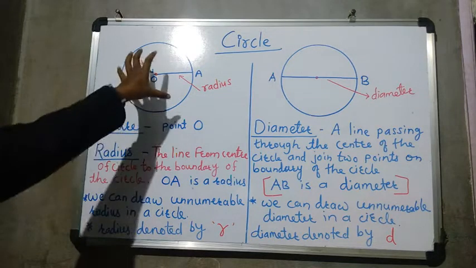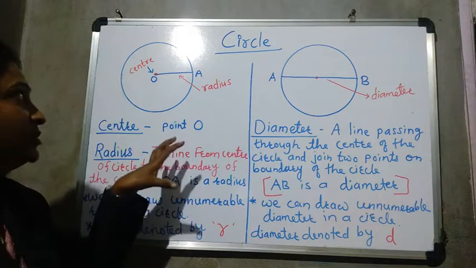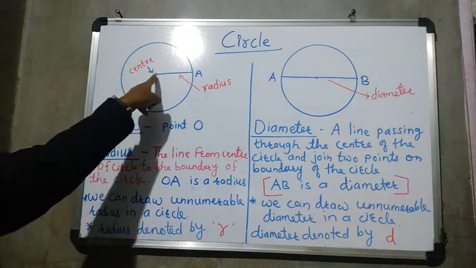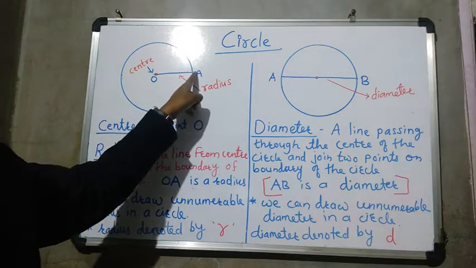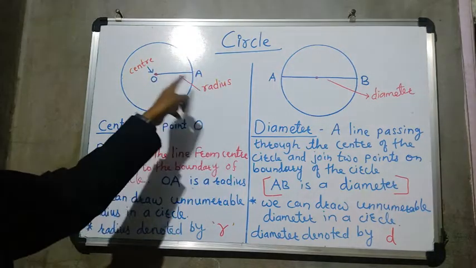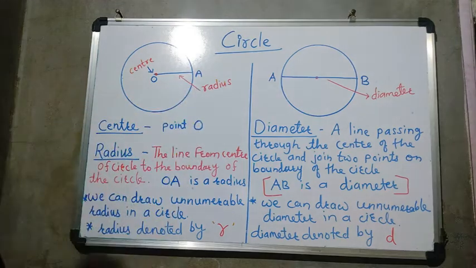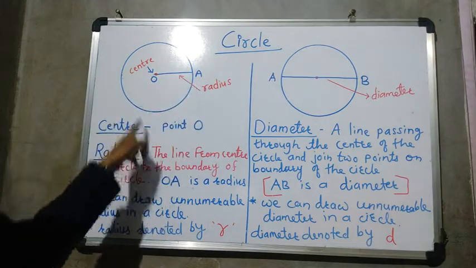See, now you understand radius. A line which joins the center of the circle and the point on the boundary of the circle is called the radius of the circle. Here OA is a radius.